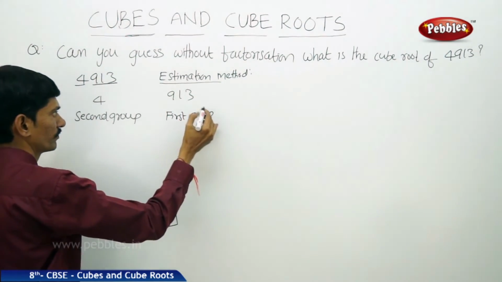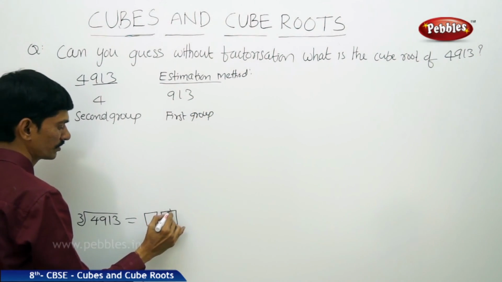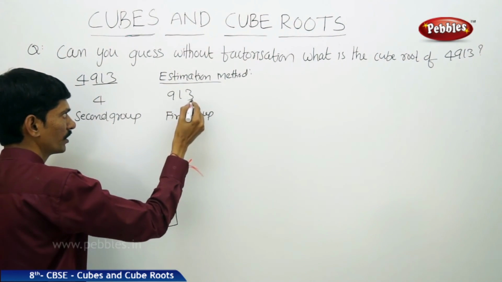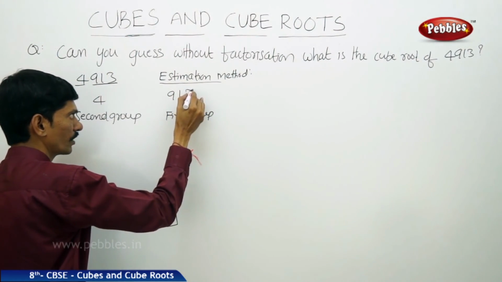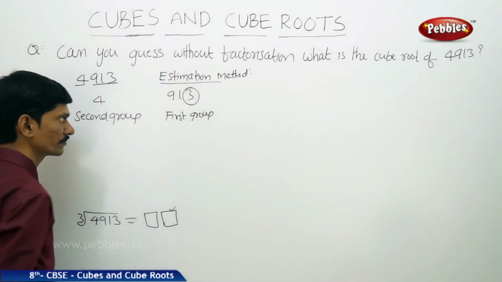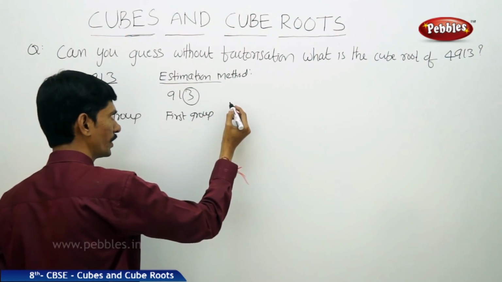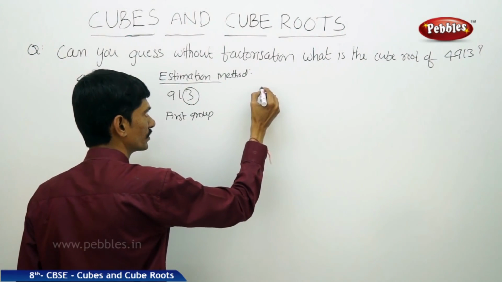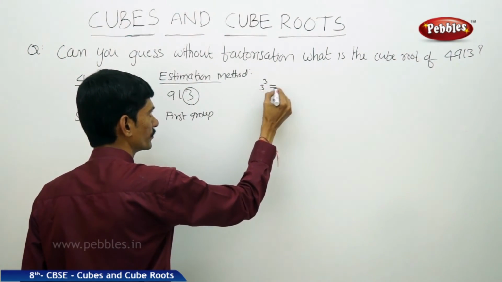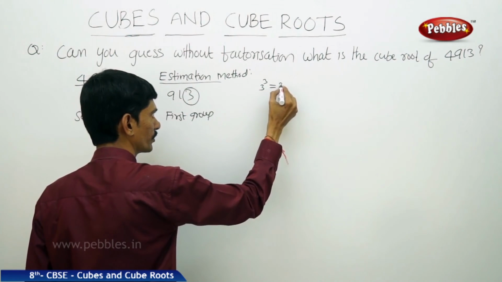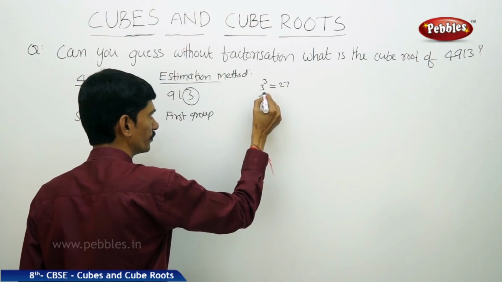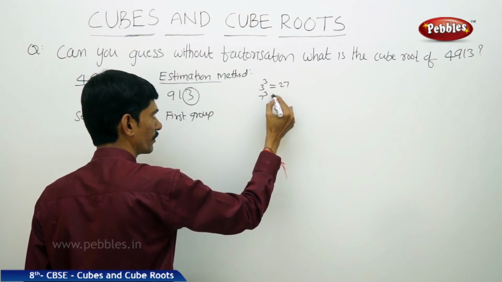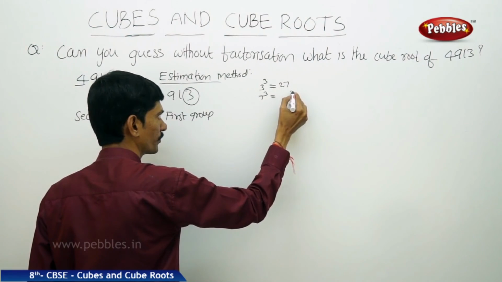To find the ones place of the cube root, we consider the first group in the given number, and in the first group the units place is 3. If a perfect cube ends with 3, then its cube root ends with 7, because 3 cubed gives 27, or 7 cubed: 7 7s are 49, 49 into 7 is 343, the last digit is 3.